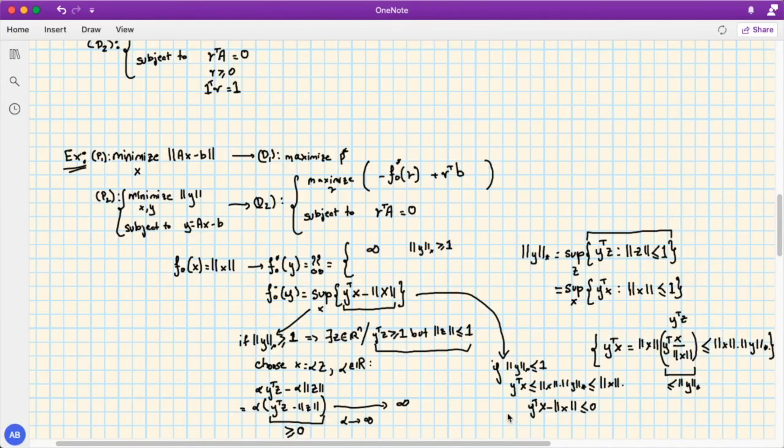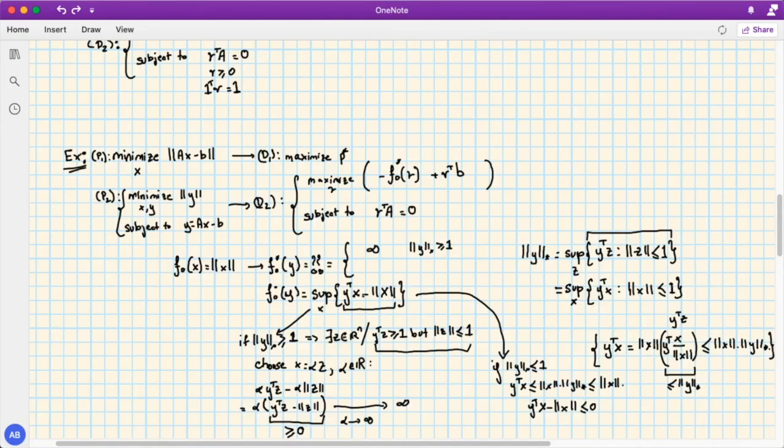Okay? So what does that mean? Why do we care? Since we're finding a supremum of a quantity that is non-positive, it turns out that the supremum of this guy is attained when x is 0. So when you choose x to be 0, you attain the maximum, that is 0.